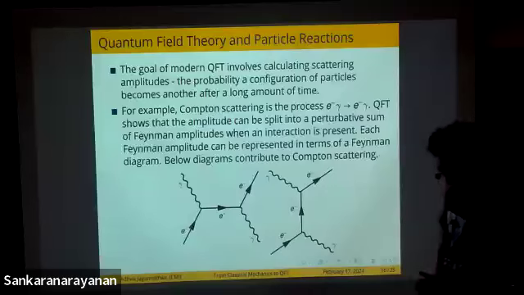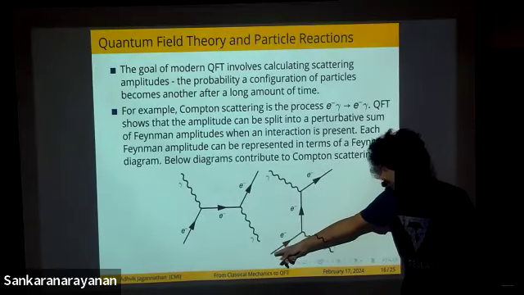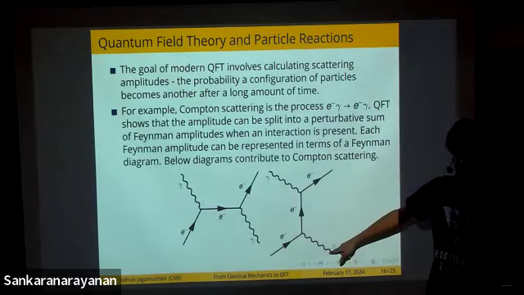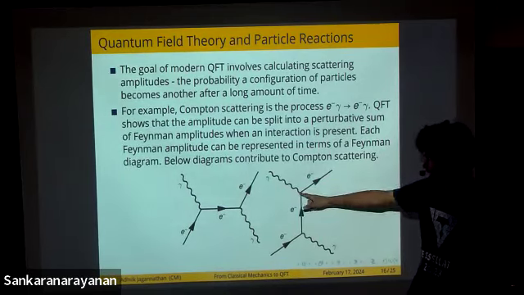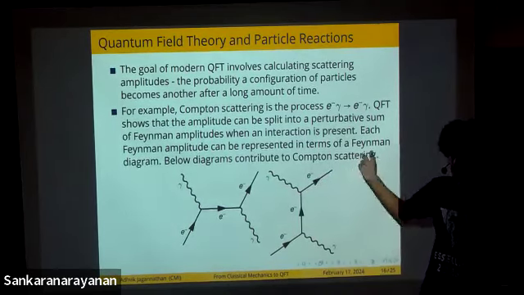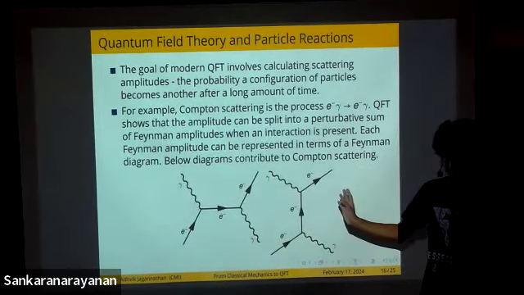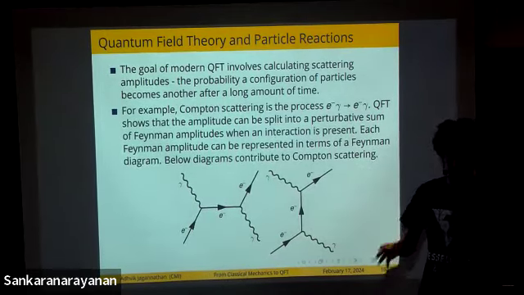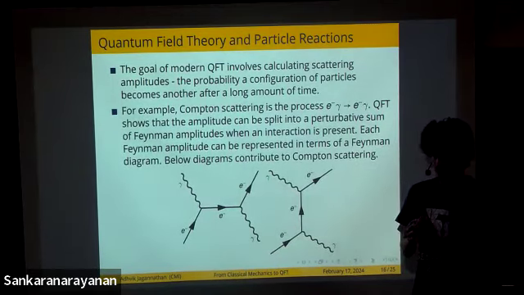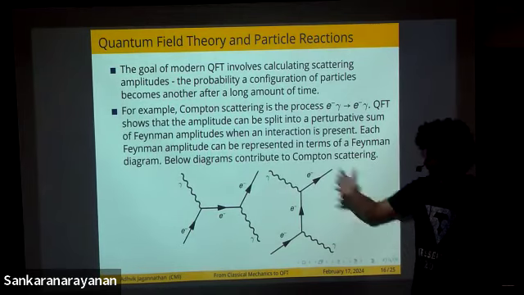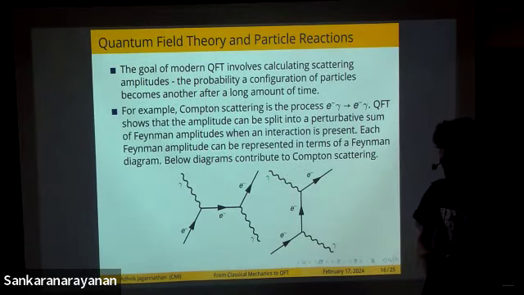Similarly, the second one shows the process where the photon is emitted first, and then the incident photon is incident, and the electron later moves out. So each of these processes has a certain amplitude associated to it, and the sum of all these amplitudes, at least formally, equals the scattering amplitude.